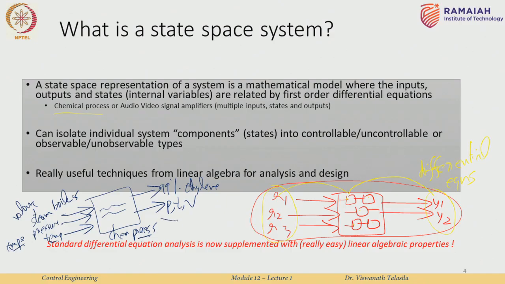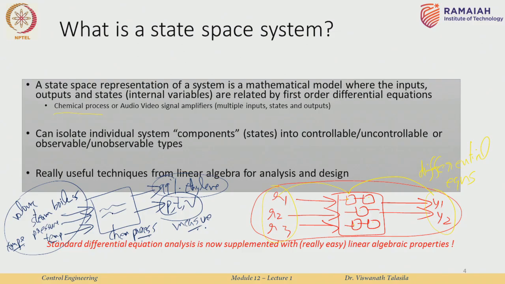So, these are the measurements over here, and these are the inputs to the system, and internally you have a lot of very complex dynamics going on, right, and the state space essentially manages to capture all these dynamics in one single framework, and we will see a couple of examples of this later. So, that is one very good thing.